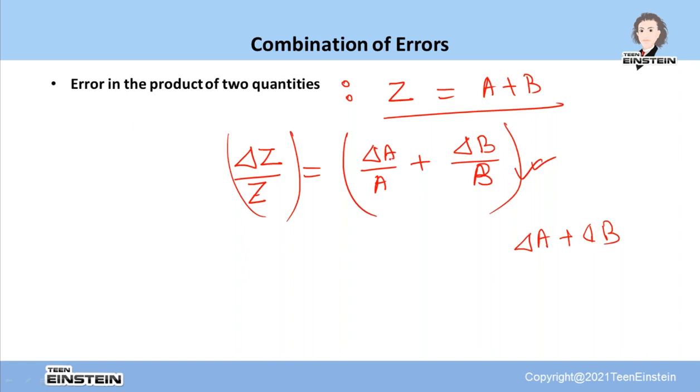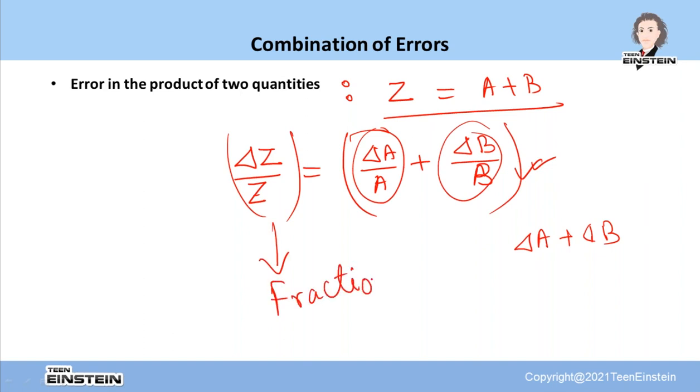These are fractions, so you have to find the fractional error, and you have to add, even if there are some negative quantities, but you have to take positive to make the error maximized.